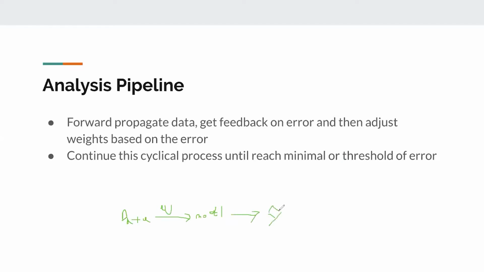Then you put the prediction into the cost function, and then you get the error, right? Using this error, you can do gradient descent and find out how much to adjust. So then you adjust these weights.